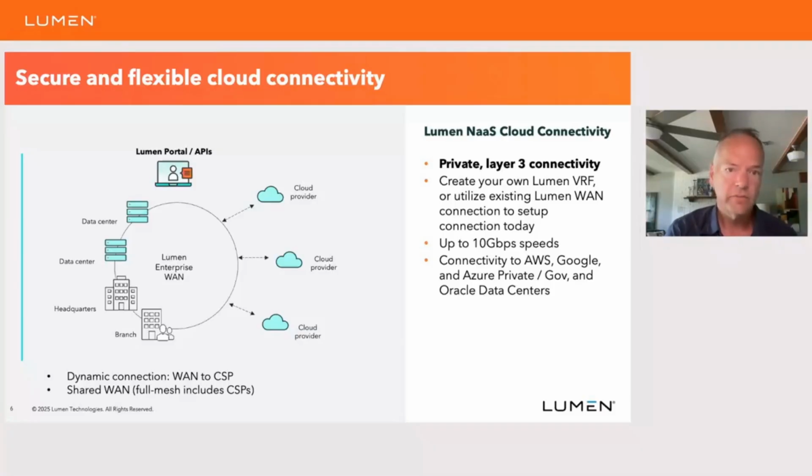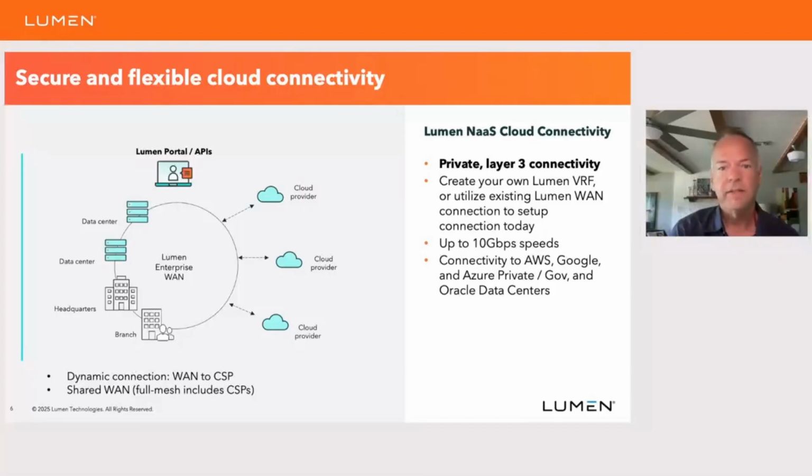This is also very useful for customers who have multiple cloud service providers. This allows you to just bring all the cloud service providers into a single VRF, or via the portal, you can connect a cloud service provider to another cloud service provider for syncing data, for migration of data, and you can spin up your own VRF on your own to keep that isolated from your corporate or production environments.